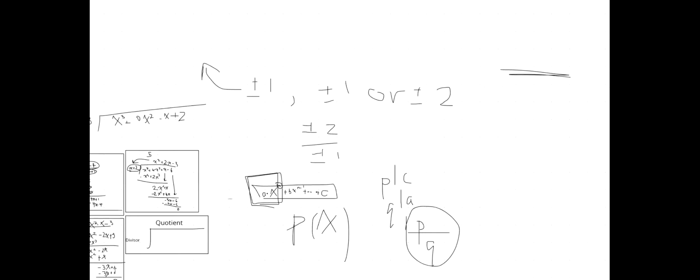Since it's P over Q, it's plus minus 2 over plus minus 1 or plus minus 1 over plus minus 1. So the possible solutions are plus minus 1 or plus minus 2, right? Did I do it right? Do I get cookies?